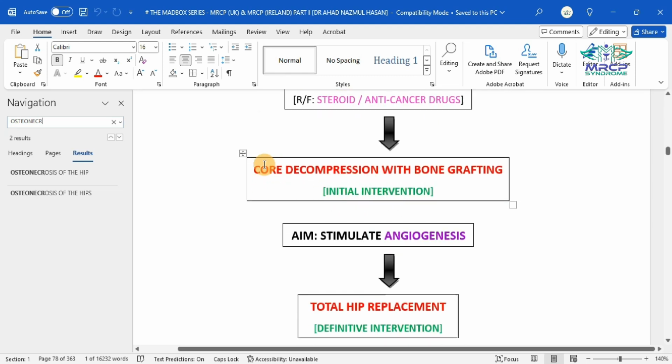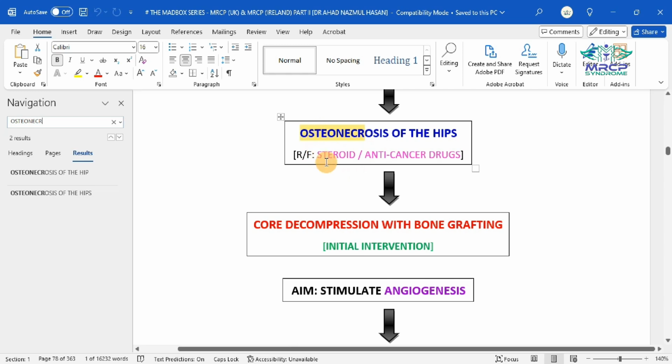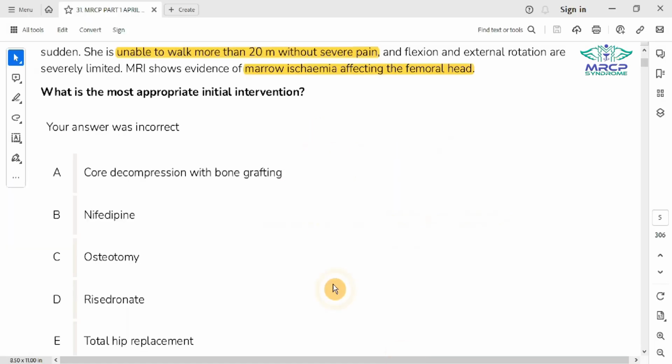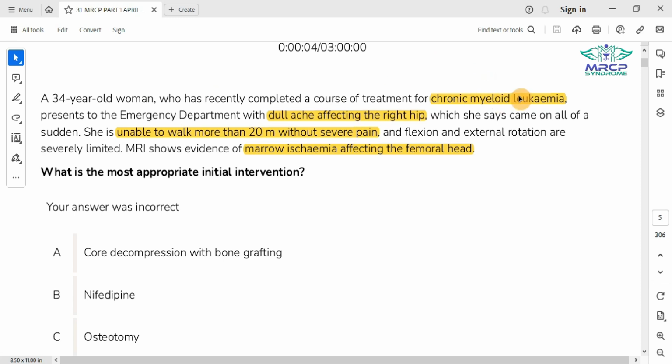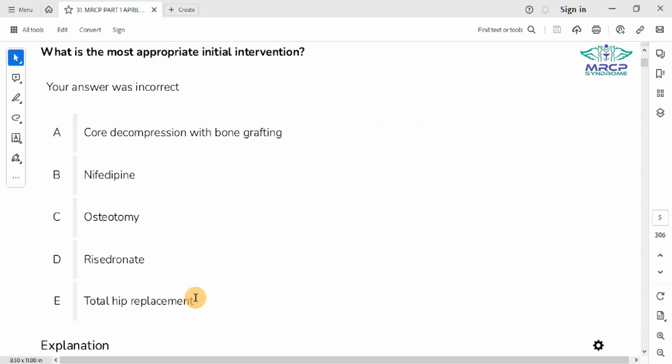So initial intervention would be core decompression with bone grafting, and definitive intervention would be total hip replacement. They will invariably have a history of either taking steroids or anti-cancer drugs. So here the patient had a history of taking the anti-cancer drug, and the features are suggestive of osteonecrosis of the hip. So initial management would be core decompression with bone grafting, and the definitive management or the last resort would be total hip replacement.